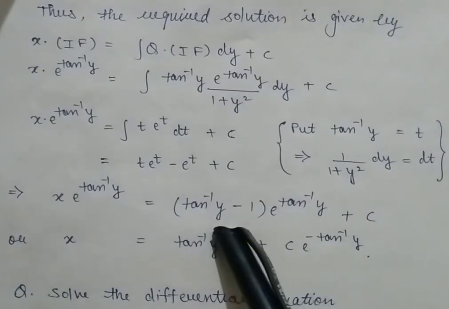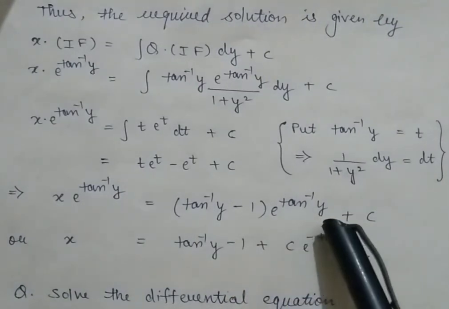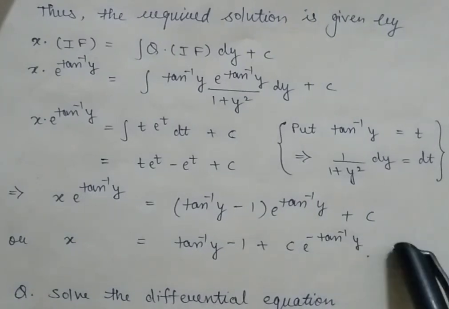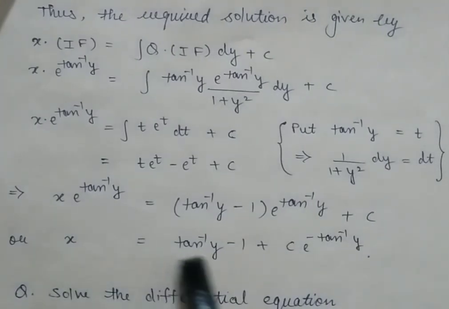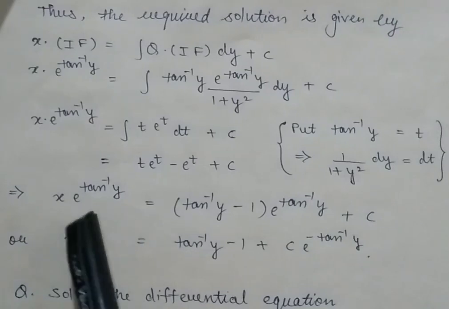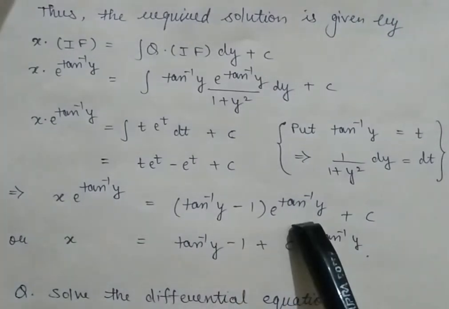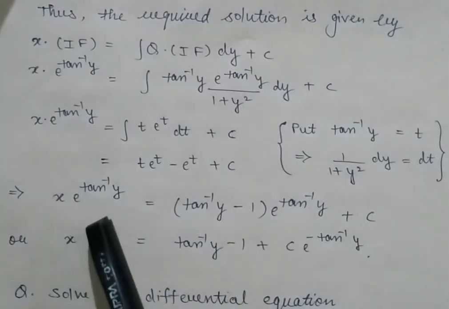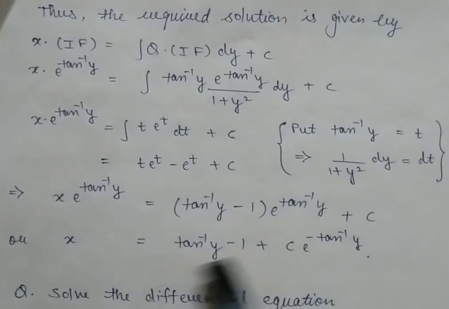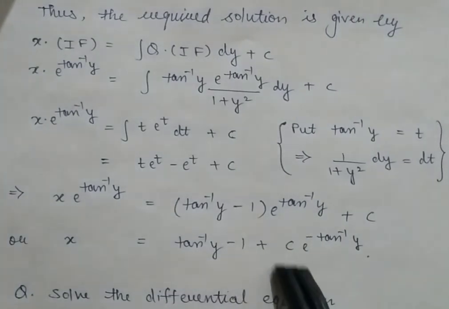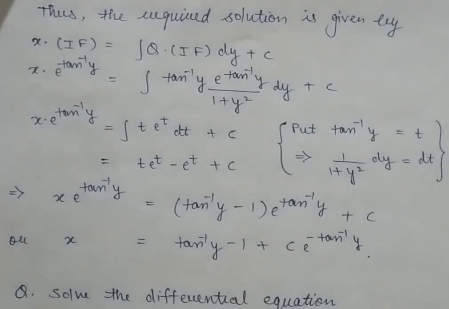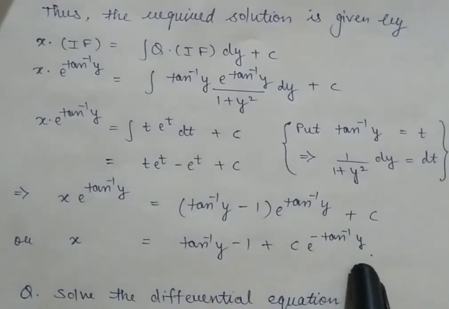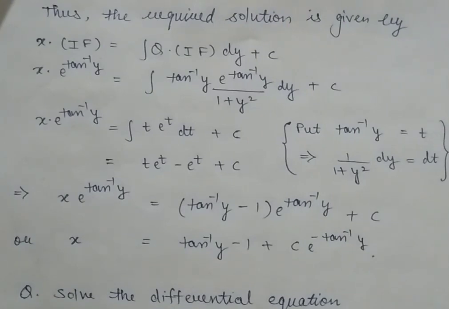So this is tan inverse y minus 1 into e raised to the power tan inverse y plus c. Or x equals tan inverse y minus 1, if I take e raised to the power minus tan inverse y across, plus c e raised to the power minus tan inverse y. So this is the general solution of the given differential equation.